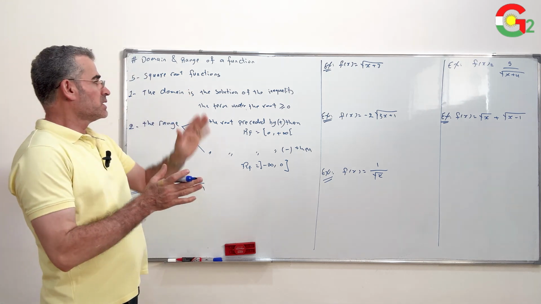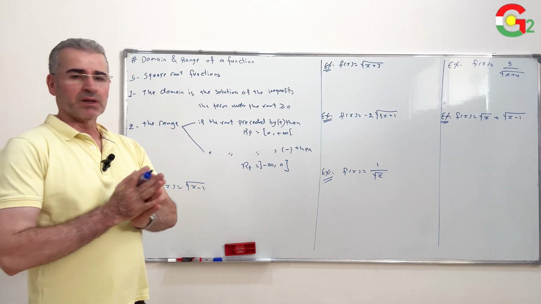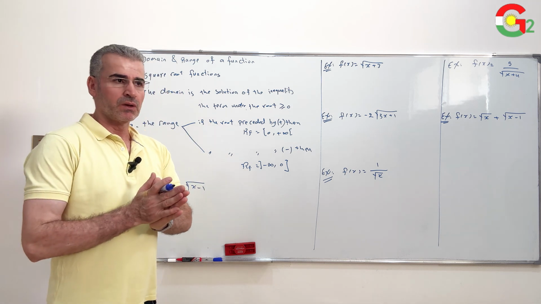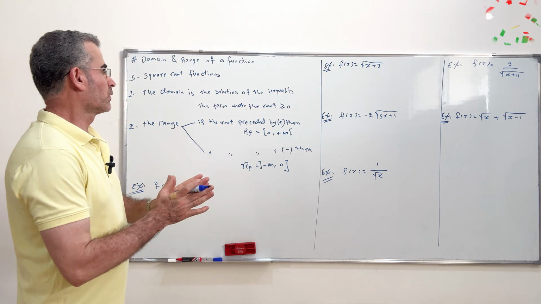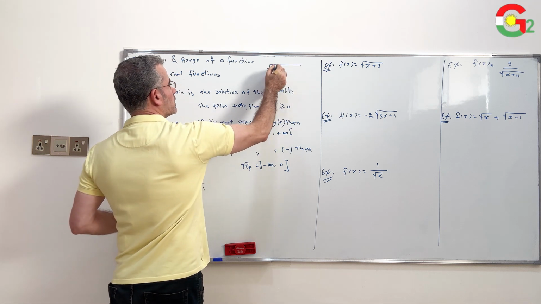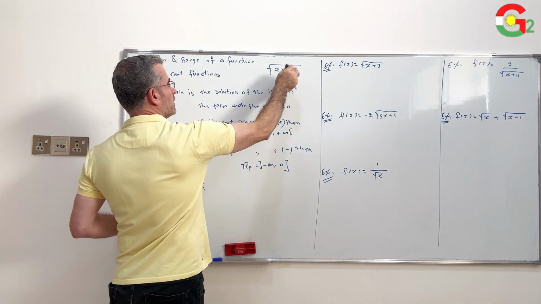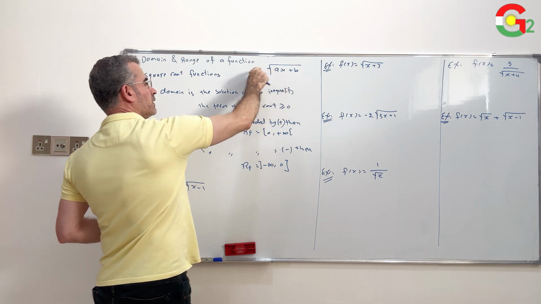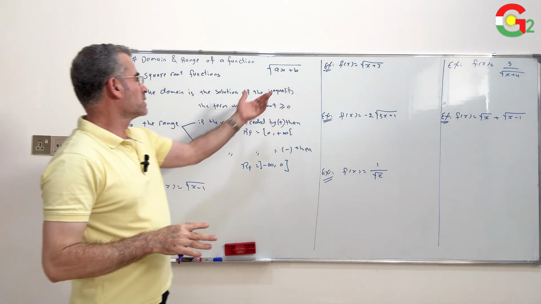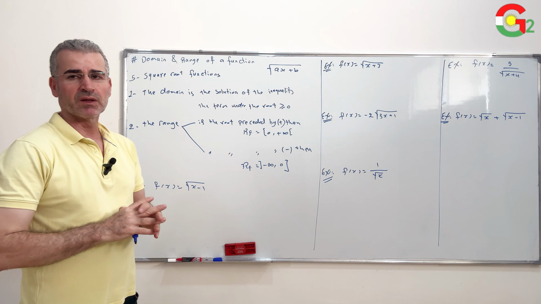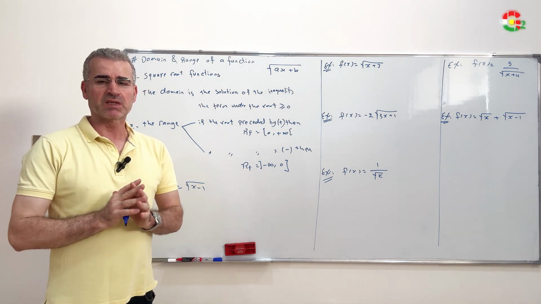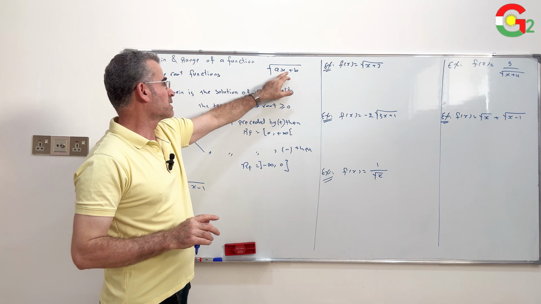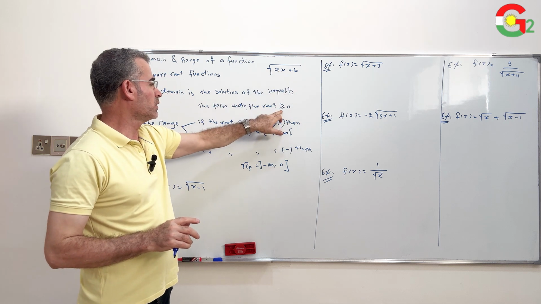The domain is the solution of an inequality. If we want to find the domain of a standard square root function, like the square root of ax plus b, with a linear function under the root, then we solve the inequality ax plus b greater than or equal to 0.